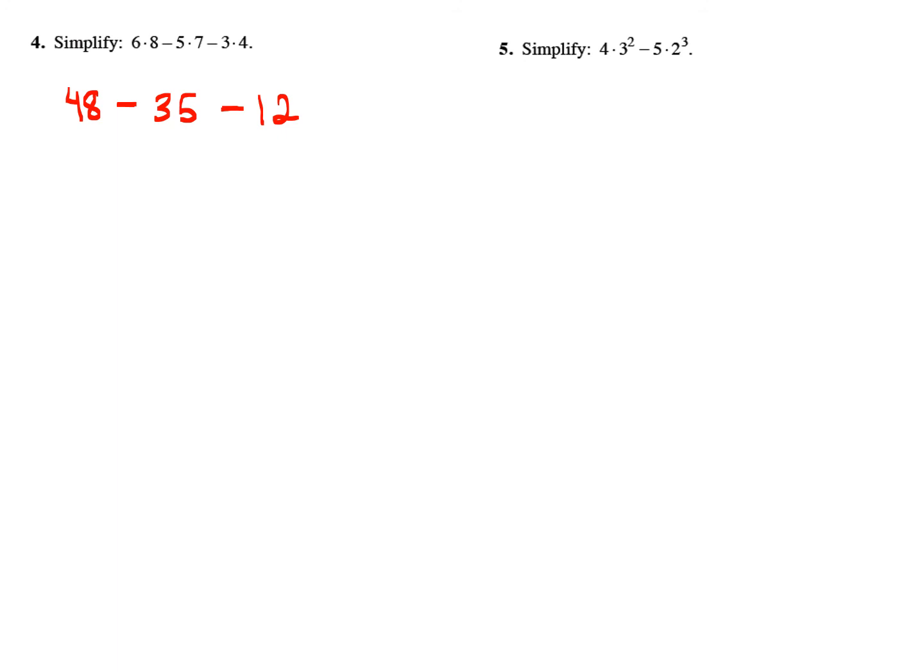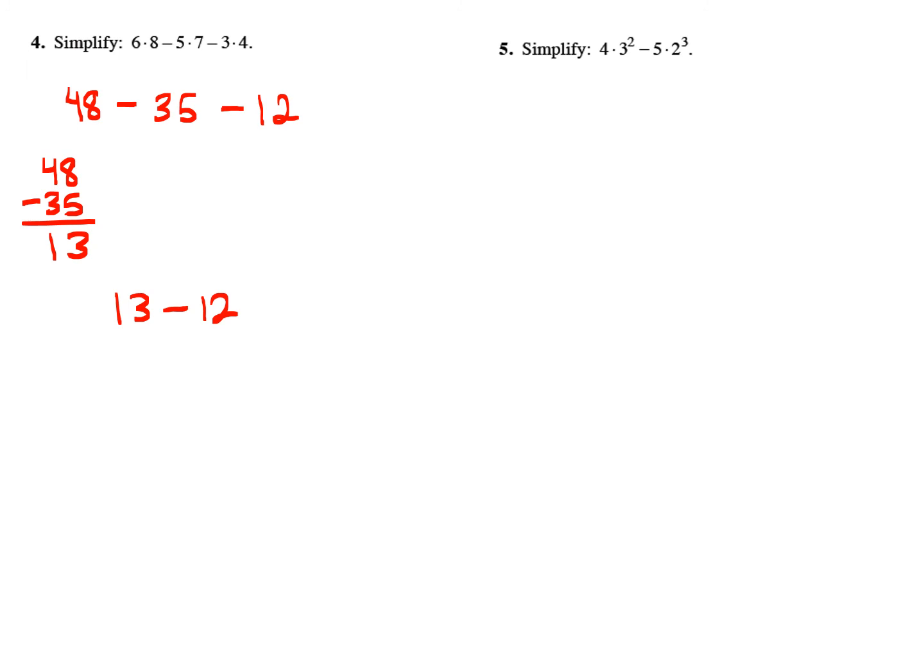Now this one, if you change it to addition, that's cool. But did you need to change it to addition? No, you know that 48 minus 35, we can do that, right? If you need to do it off to the side, 8 minus 5 is 3, 4 minus 1 is 1, so 13, perfect. Bring it in, 13 minus 12, do we need to change that?